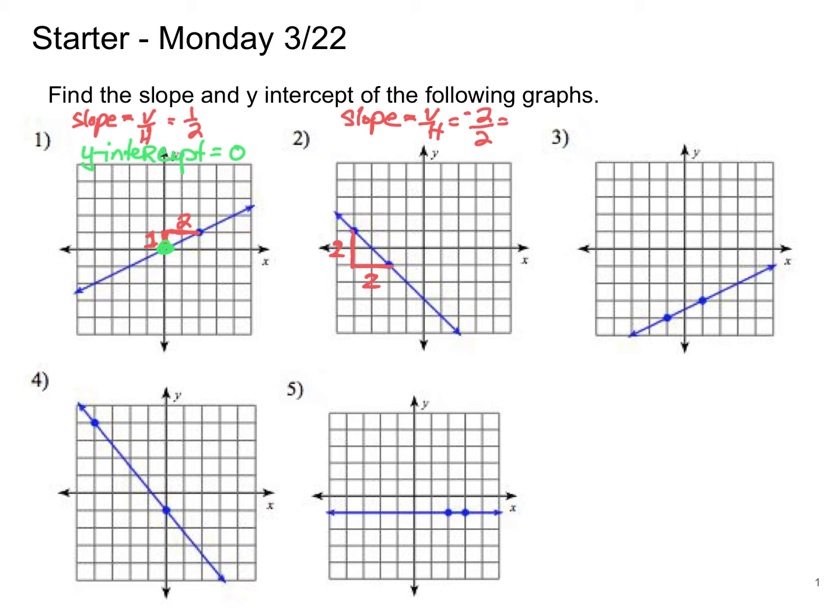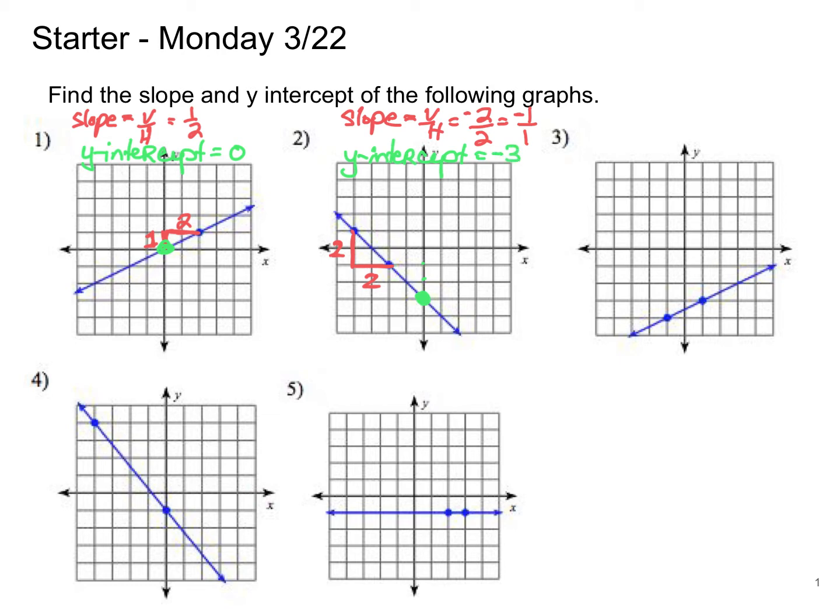But you also need to reduce the fraction as simple as possible. So we're going to have negative 1 over 1 as our slope. Again, where does the line cross the y-axis? That's here. So that's 1, 2, 3. So our y-intercept is at negative 3 on the y-axis.